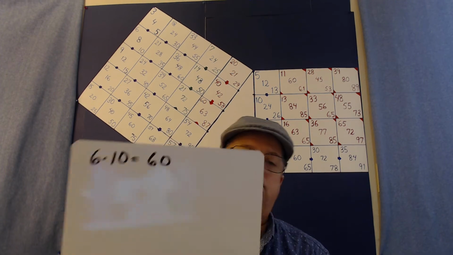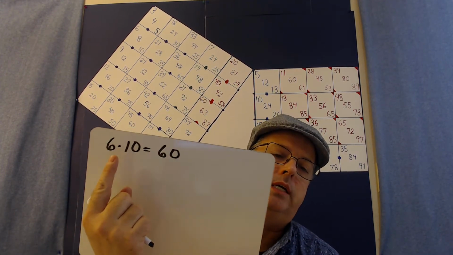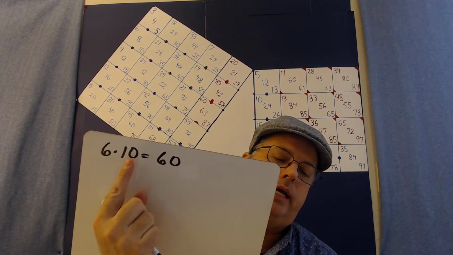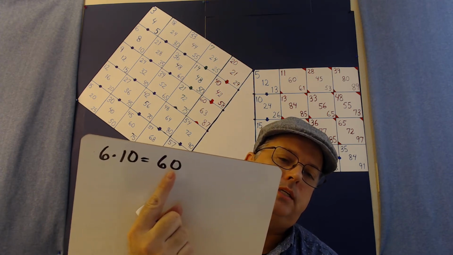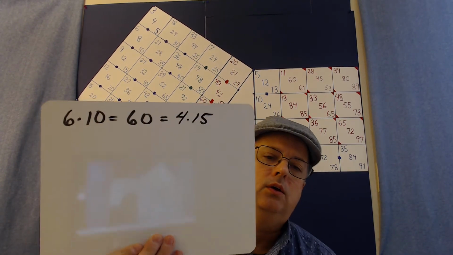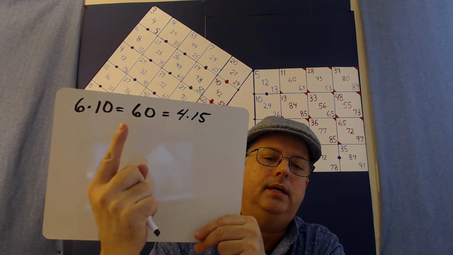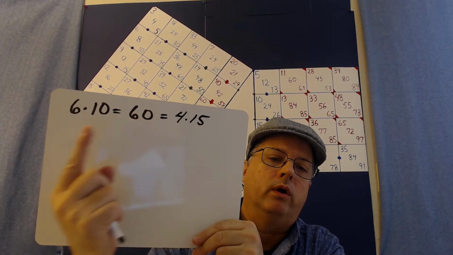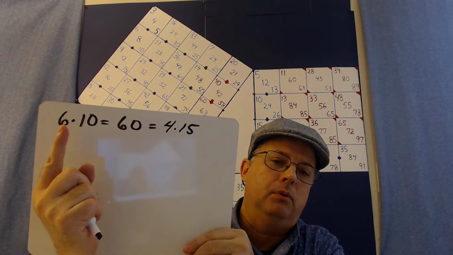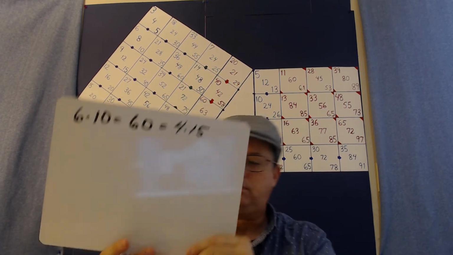Okay, so if you have say 6 times 10, that's 60. If you have an even number 6 and another even number 10, then you get 60, and 60 is 4 times 15. Okay, so the way that you can guarantee to get a multiple of 4 is to make sure that you have an even number times an even number.